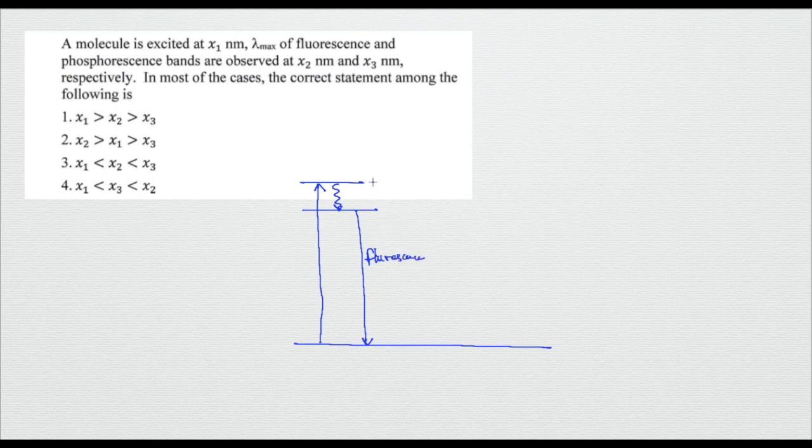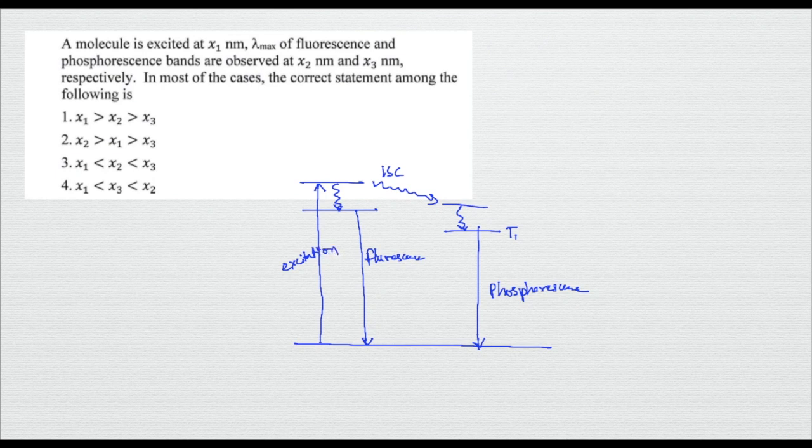Now it can also undergo inter-system crossing, and it can go to energy states which are triplet in nature. So it can go to the lowest triplet excited state, and then it can come back to the ground state, and this process is called phosphorescence. This is excitation.